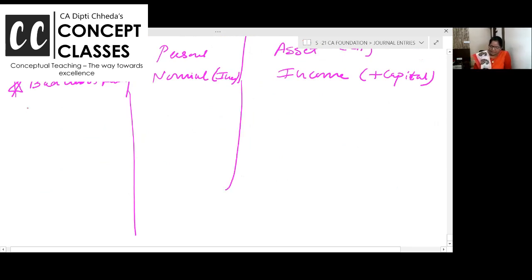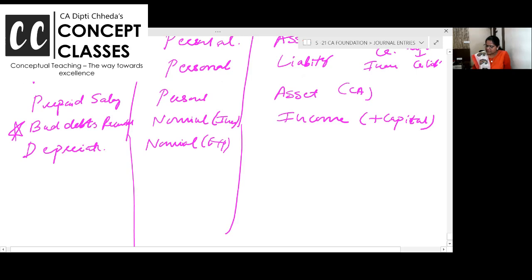Bad debt recovered. Then we have depreciation. Depreciation is nominal, debit all expenses. So debit it. And here it is an expense, minus from the capital. Now when you make the equation, if you have charged depreciation. Personal income tax, not on your business income.